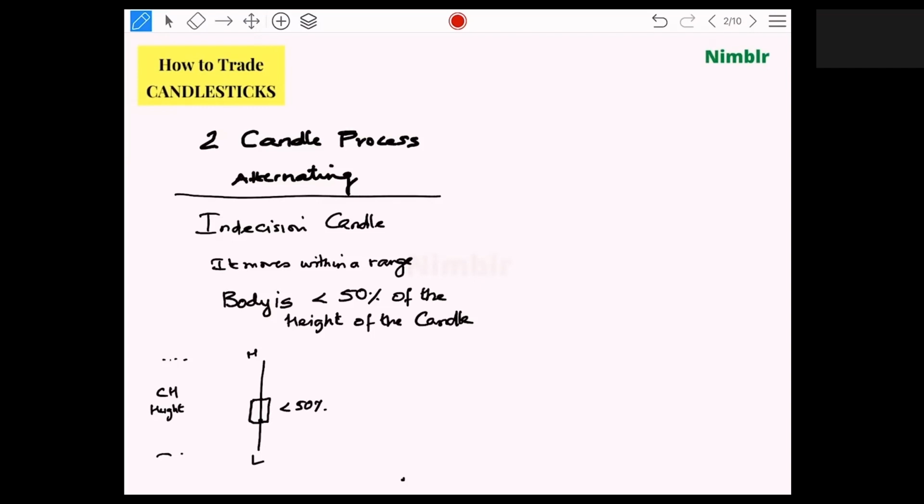As a result, if this is a high and this is a low, the price keeps vacillating in between. Therefore, this body is smaller. It may have opened here, gone up, gone down, and closed here. So this is what an indecision candle is. Now, what are the benefits of this candle? We will come to this.